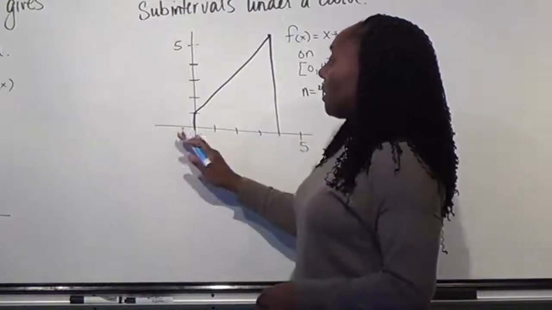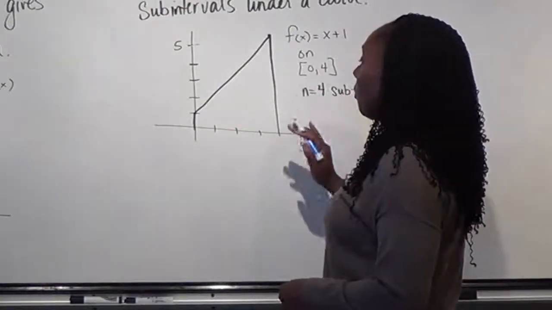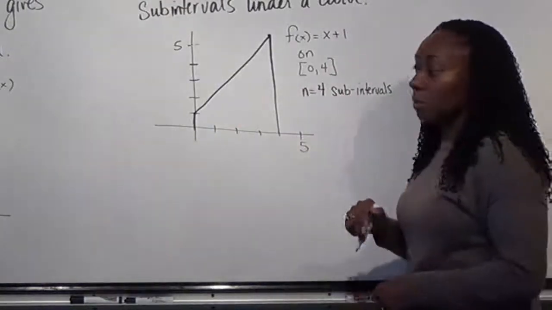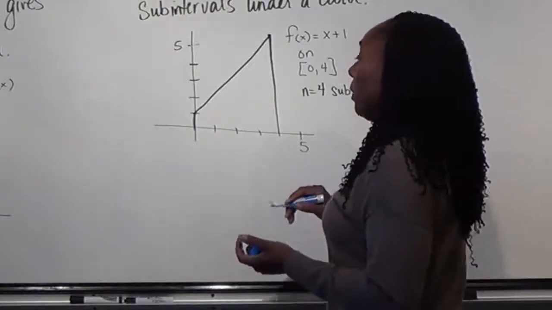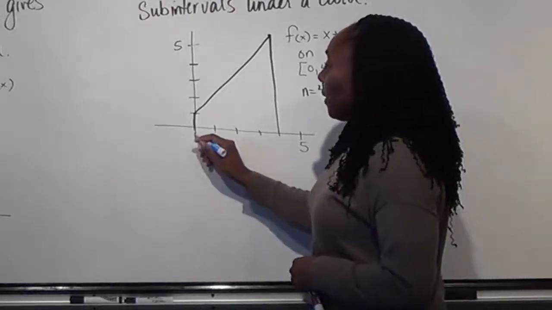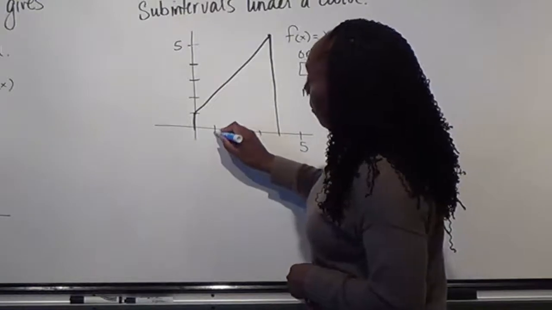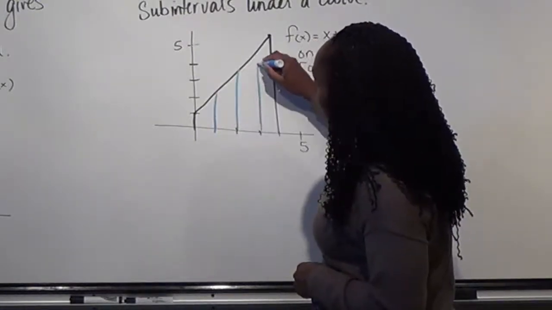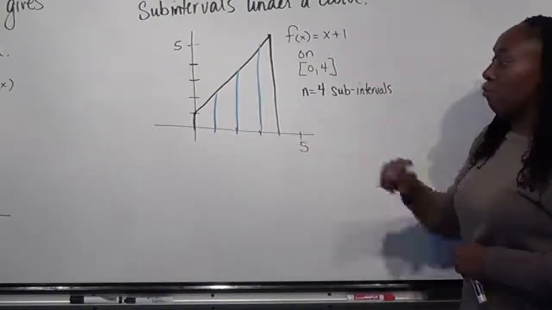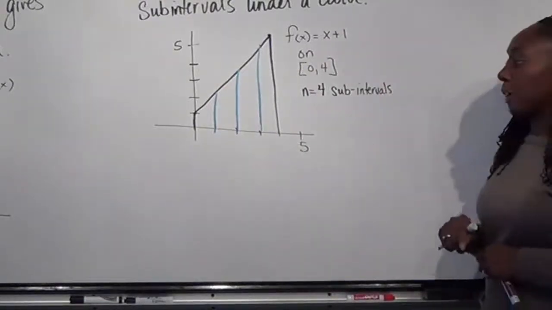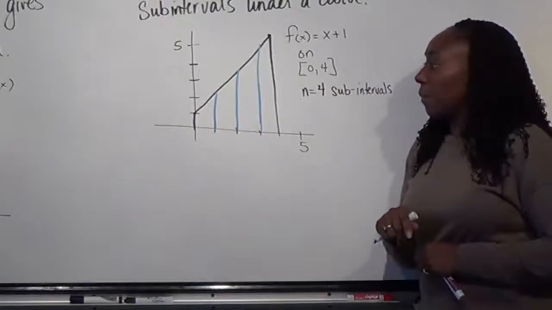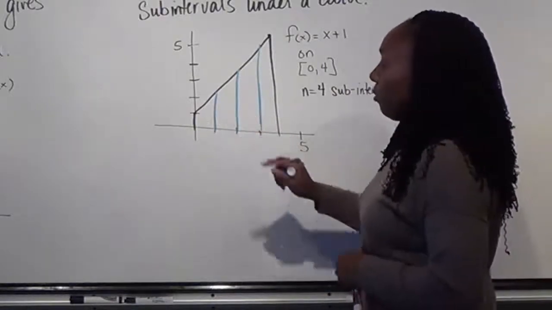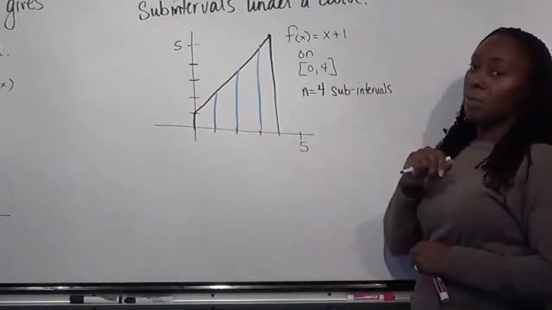And so I'm going to basically take my interval from 0 to 4 and break it up into 4 subintervals and look at the left-hand endpoints. Okay? So here, if I look at the left sides, or my 4 subintervals, I can basically take and divide this just on the integer values between 0 and 4. And that's going to give me my 4 regions, or 4 subintervals.